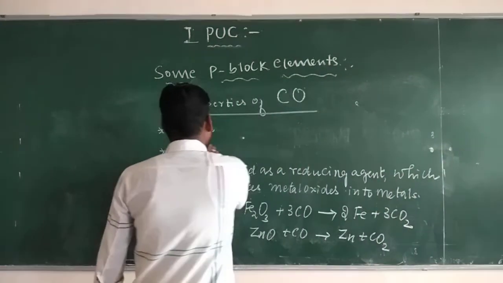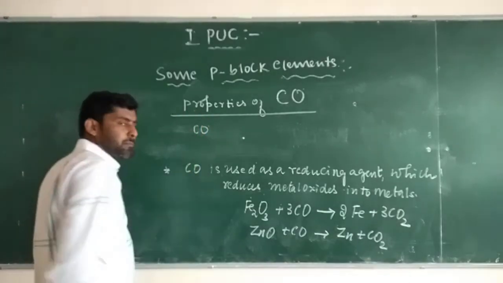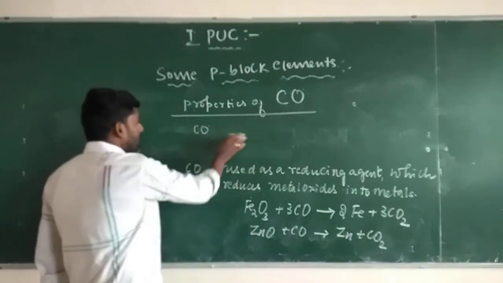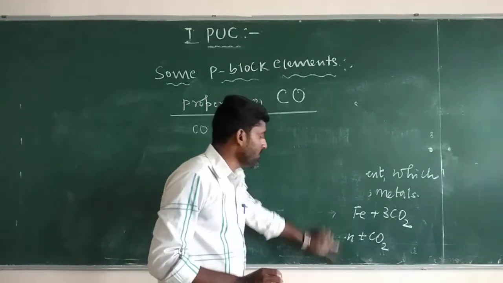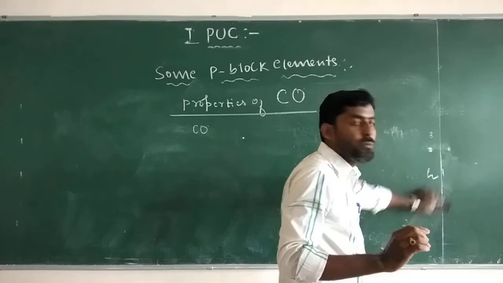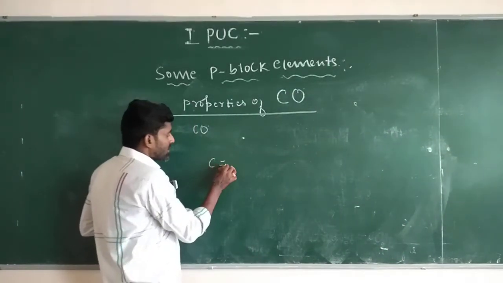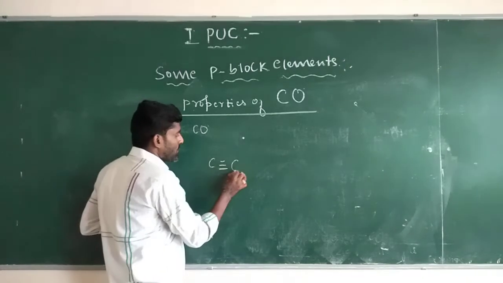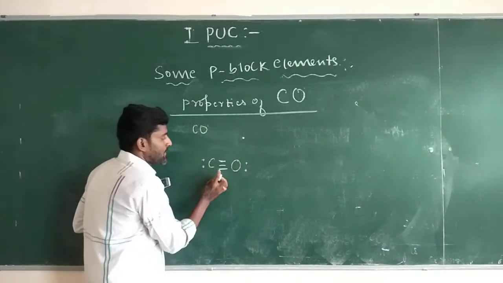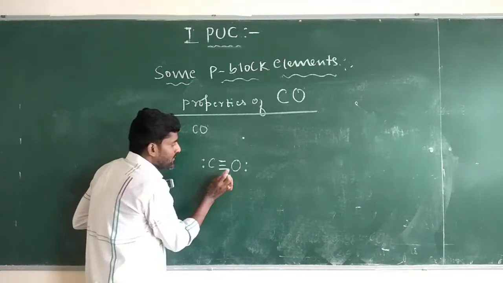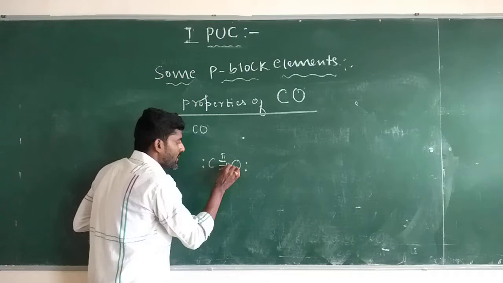And once again, carbon monoxide consists of one sigma bond and two pi bonds. So the carbon monoxide structure can be written as C triple bond O. Among the triple bond, one is sigma and two are pi bonds.